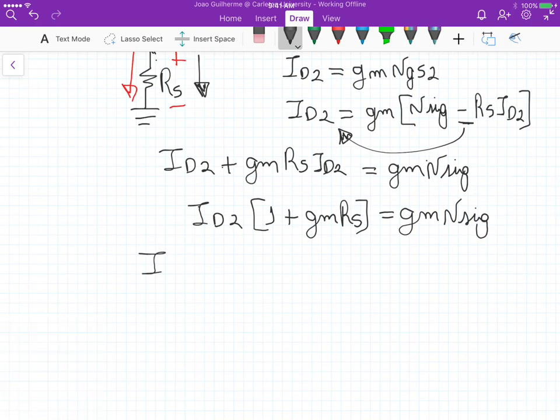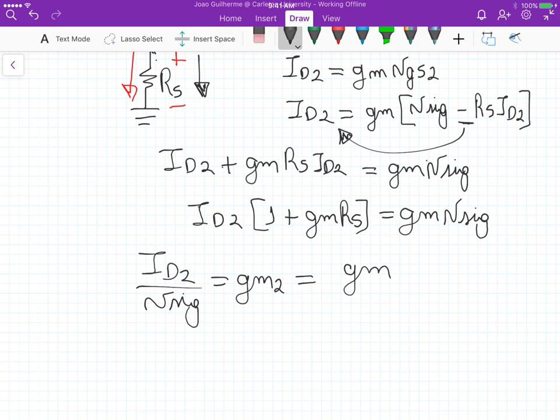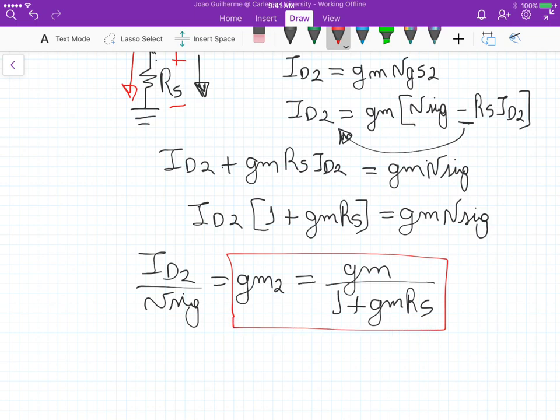If we isolate ID2 divided by this signal, that's our gm2, the effective transconductance, which equals the current transconductance divided by 1 plus gm RS. And that's the equation that we are interested in.